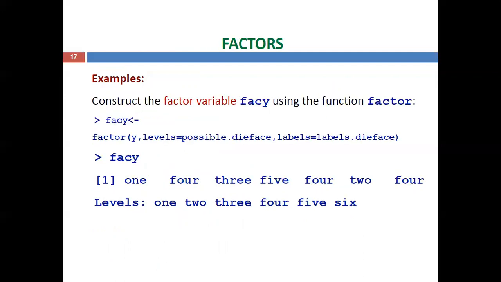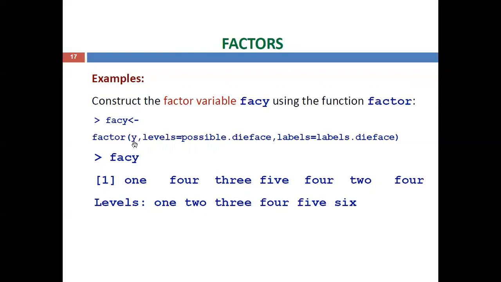Coming to construct the factor variable, name it as factor y, FACY. Why? Because we already used the first vector y. If you want to define a factor using the function factor, the result is stored in FACY. So FACY equal to, this is the syntax, factor within parentheses.